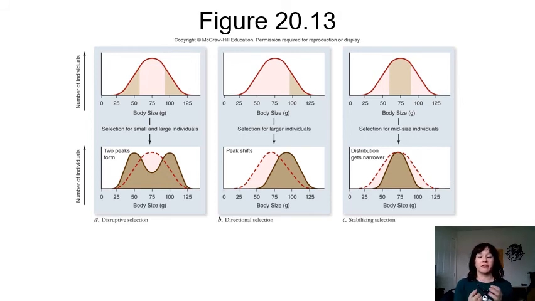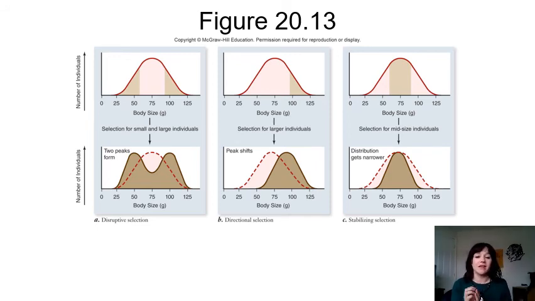Now, you may have another situation, in another environment, where having a larger size is better. So maybe it's worth it to be larger in order to have better chances at mating. Say you're in a situation where males need to compete with each other, right? Or maybe having a larger body size allows you to crack open larger mussels and get to more food, more bang for your buck, right?